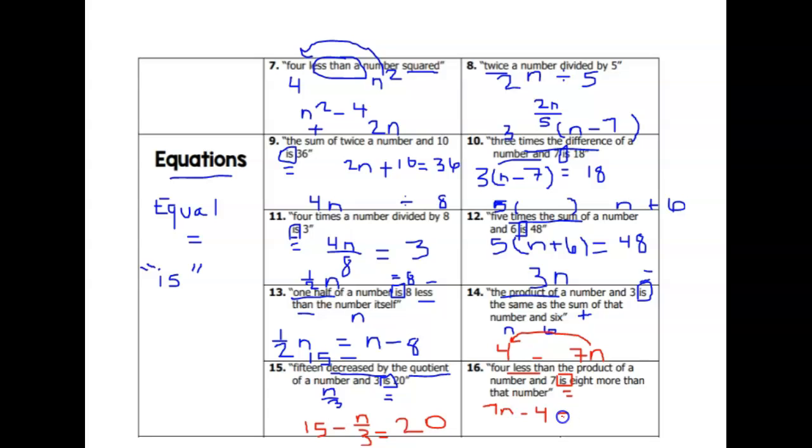Awesome for seeing that. That equals 8 more than that number. So we got 8. Guys, more than is my addition statement. And then that number, of course, is n.